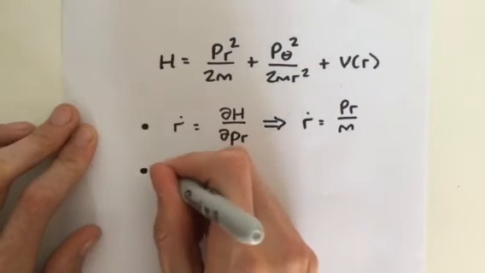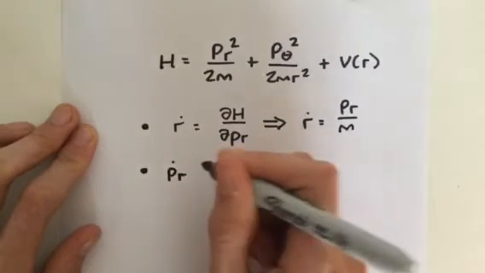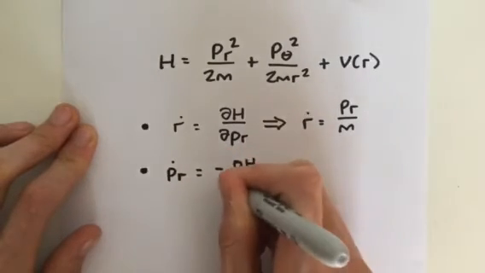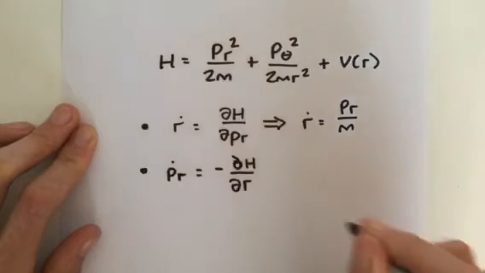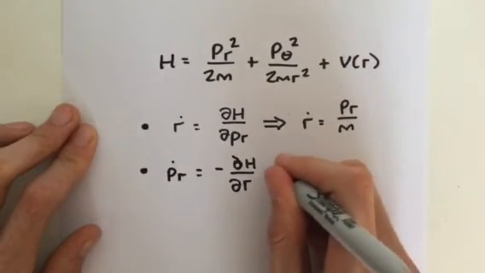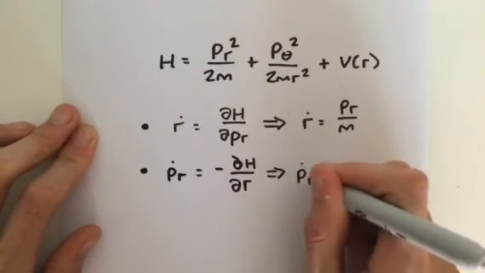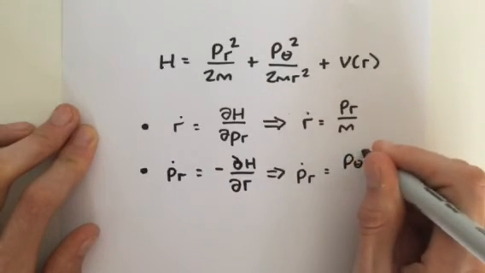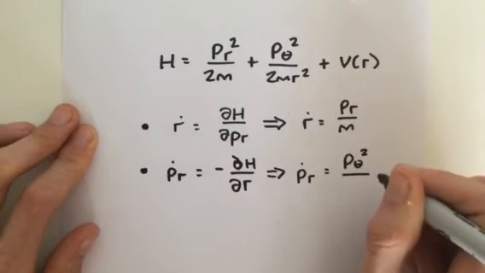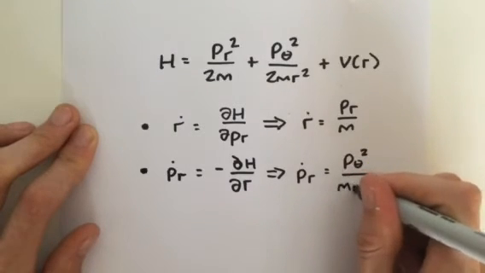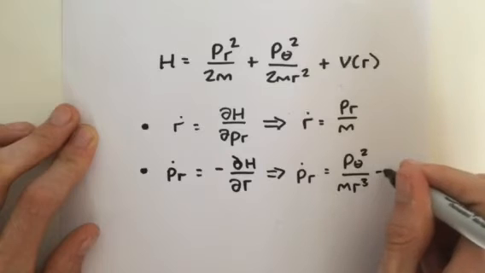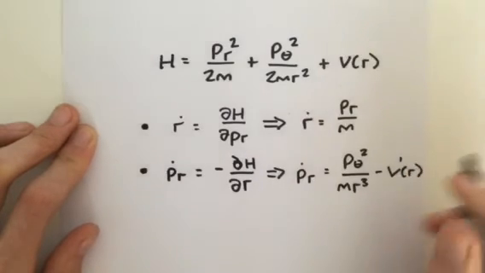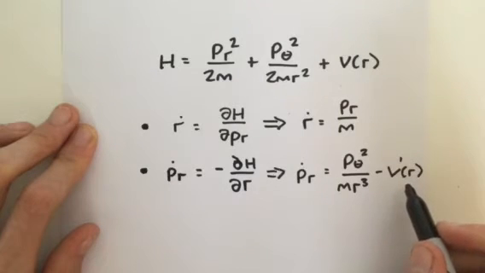We also have ṗ_r, which is −∂H/∂r. Rearranging, we get ṗ_r = p_θ²/(mr³) − V′(r). We just take the derivative of our potential energy.